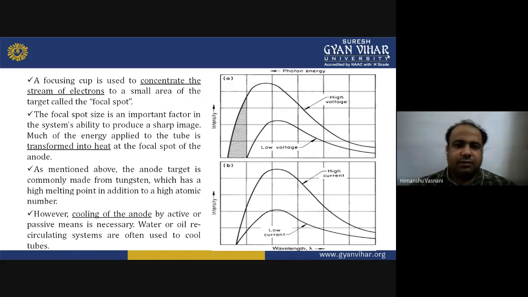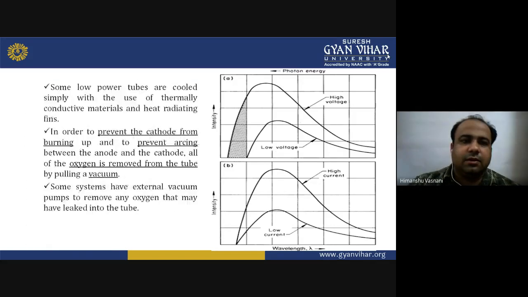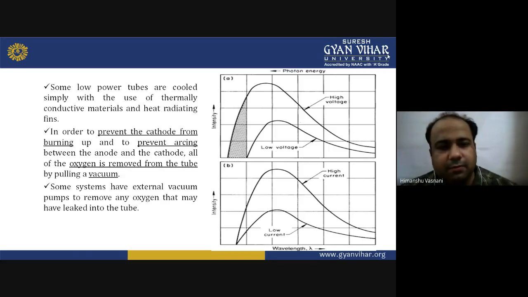Understand? Some low power tubes are cooled simply with the use of thermally conductive materials and heat radiating film, because cooling is also important. So in order to prevent the cathode from burning up and to prevent arcing between the anode and the cathode, all of the oxygen is removed from the tube by pulling a vacuum.